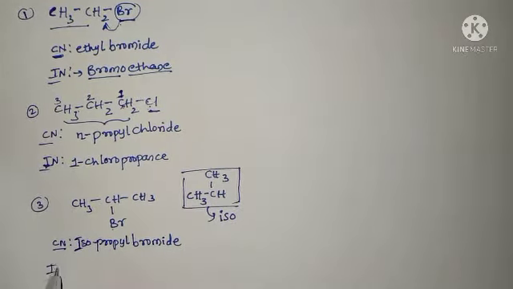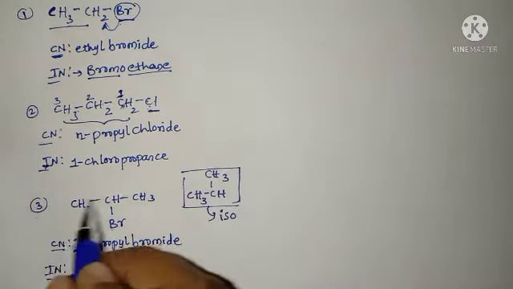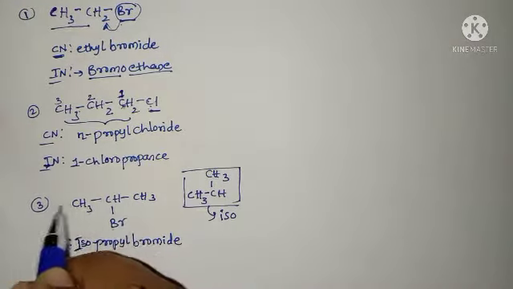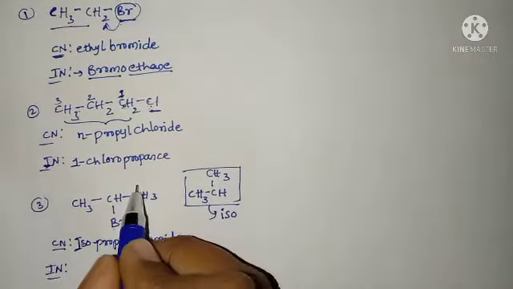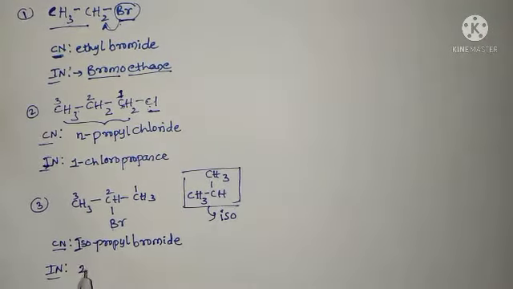And the IUPAC name of this organic compound: we have to select the longest chain here. The longest chain is here and numbering should start from here, 1, 2 and 3. So the IUPAC name is 2-bromo, and the corresponding alkane is propane. 2-bromopropane is the IUPAC name of this compound.